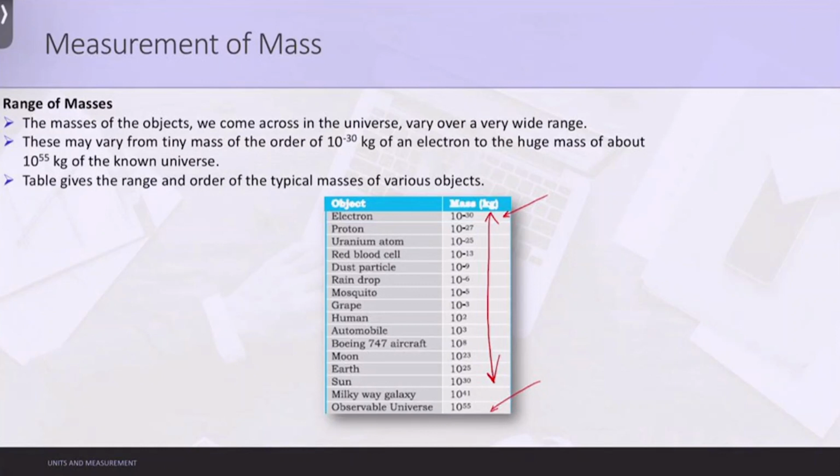These may vary from the tiny mass of the order of 10^-30 kg of an electron to the huge mass of about 10^55 kg of the universe. The table gives the range and order of the typical mass of various objects. Okay, so again the table is just for reference. You don't need to mug up anything. This is just to explain the variation of mass, or the range of masses available in the entire universe. Okay.